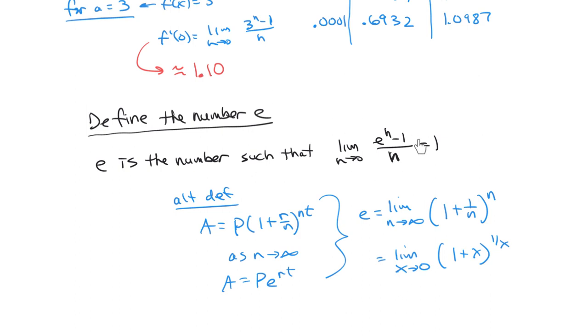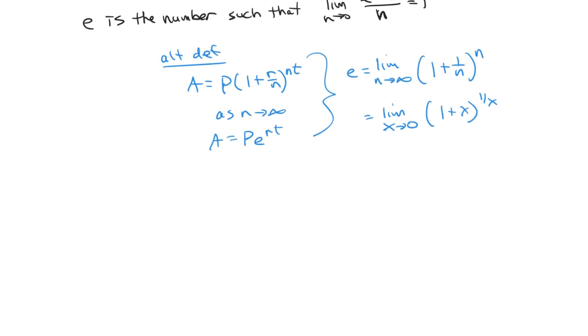But this corresponds, of course, to what we're doing right now, because we're looking for a base such that when I take the derivative of that base to the x, I just get that base to the x, because the derivative at 0 is 1. So we define this to be the case.